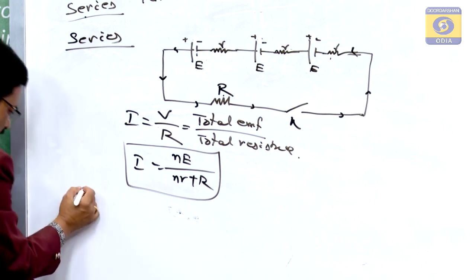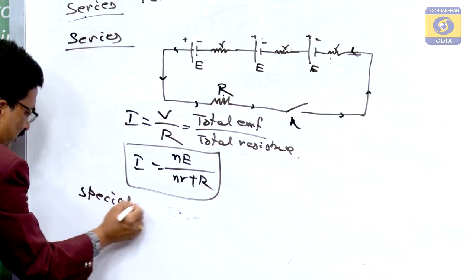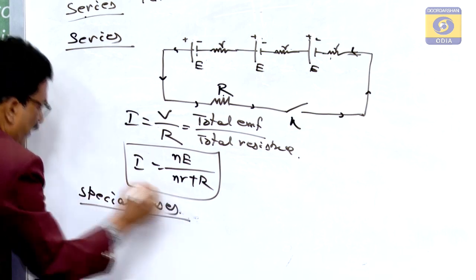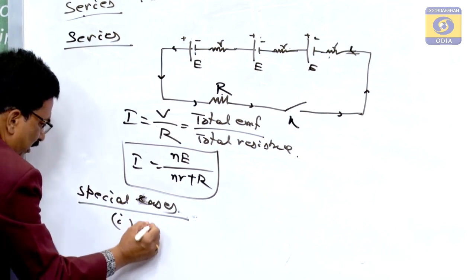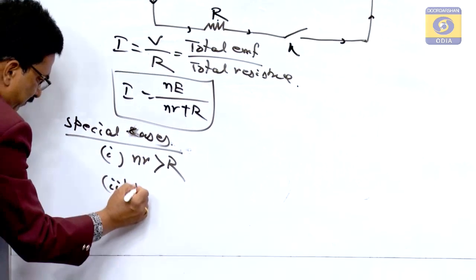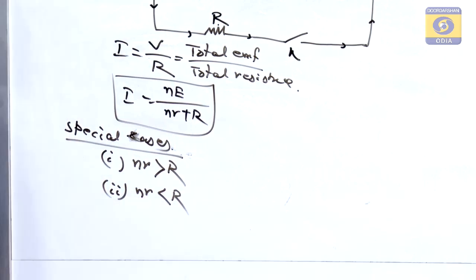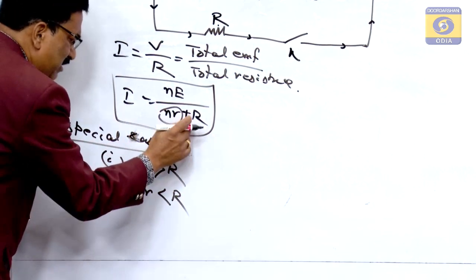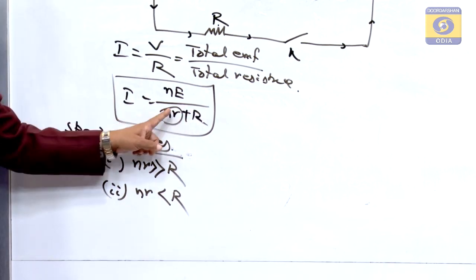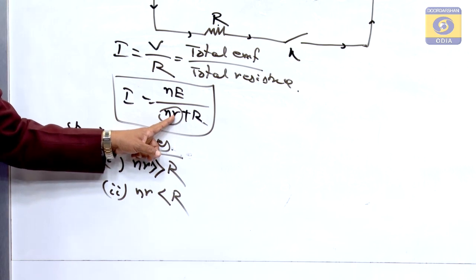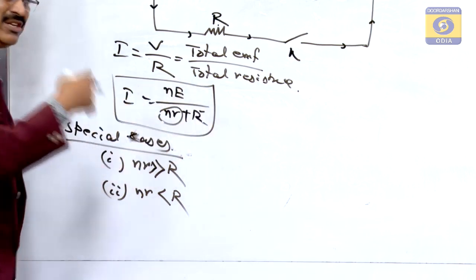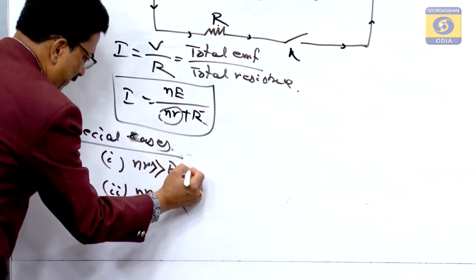Now we have to consider the special cases, and how they give various results. In the first case, Nr is much greater than R, and in the second case, Nr is much less than R. If Nr is much greater than R, meaning the sum of the internal resistances is much more than the external resistance, then the external resistance is neglected.